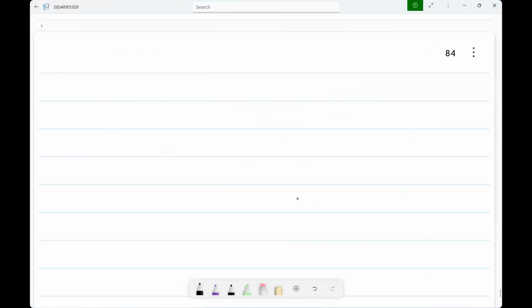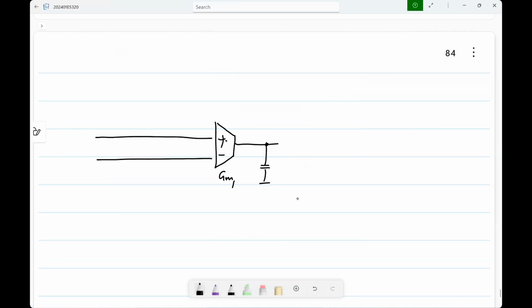For that, I'll have GM1, but no output resistance. You can have models with different degrees of sophistication. You should use whatever details are necessary, but not too many, because if you put in every detail, the expressions become so complicated that you won't have any insight.